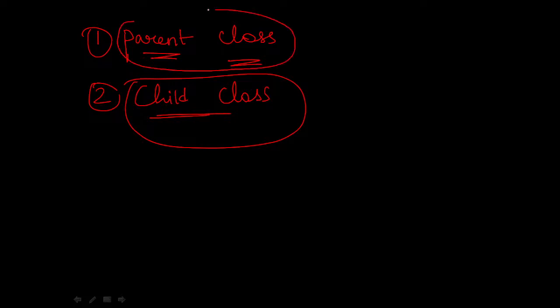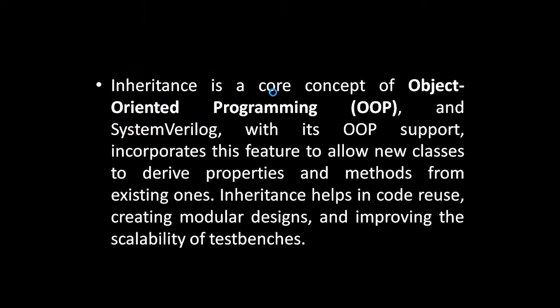So the classes which are getting inherited are called child classes, and the class from which all the classes are getting inherited is called the parent class. This type of inheritance helps us achieve code reuse, create modular designs, and improve the scalability of the test benches. So this is the use case of inheritance.